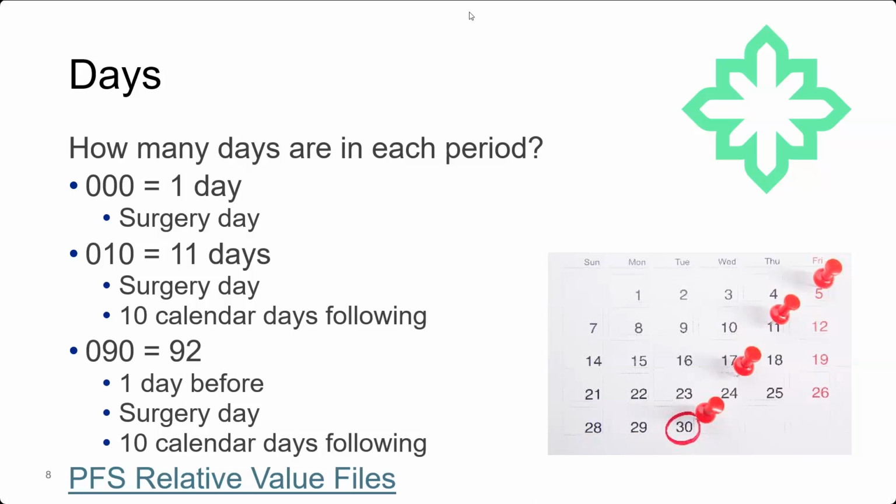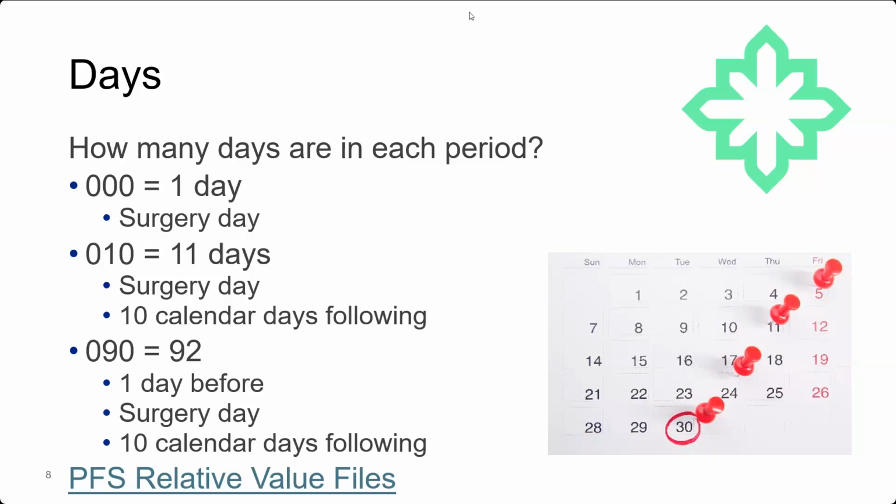But the global surgery concept uses a variety of indicators. The most prominent indicators you will see are 3 zeros, and this equals 1 day for a surgical period. That means that there is no preoperative day. The preoperative work should be done on the day of the procedure. Then there's the day of the procedure, and the postoperative work should also be done on the day of the procedure.